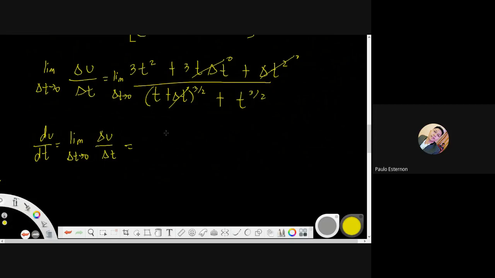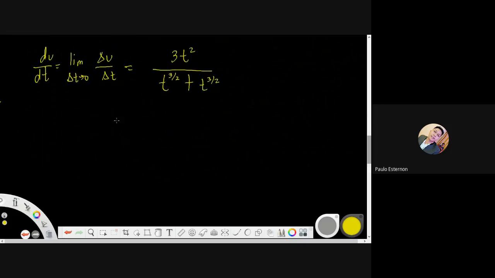So what we have left is 3t squared all over t raised to 3 halves plus t raised to 3 halves. Simplifying the result, we have du over dt equal to 3t squared all over 2t raised to 3 halves.